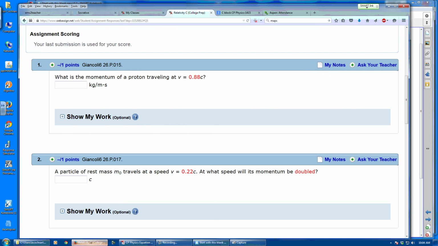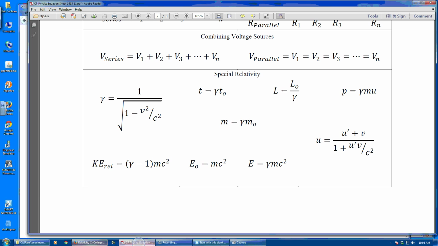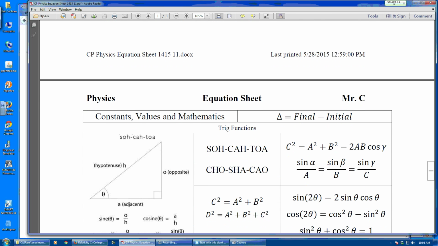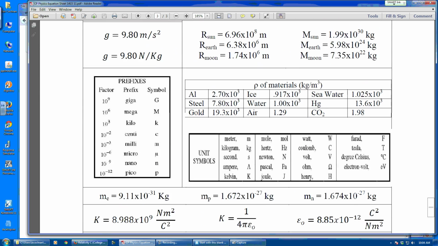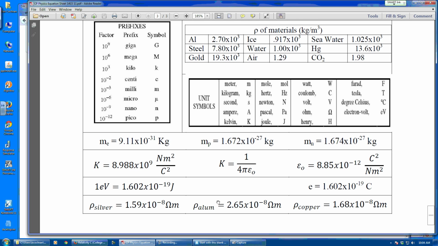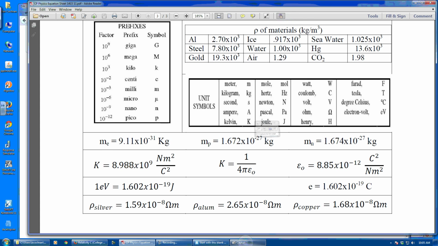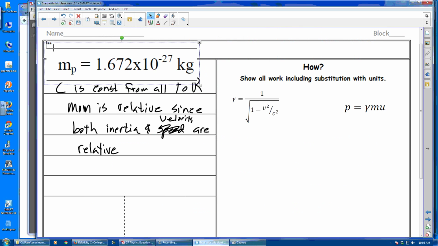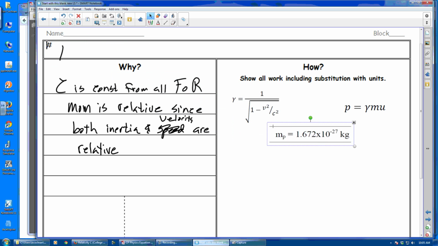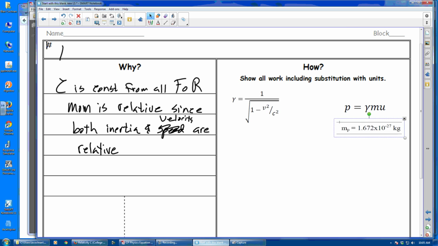Let's see, what type of object are we looking at here? Proton. So you could flip to your facts and constants sheet, and you could grab the mass of a proton. Right there. That's the amount of matter a proton has when it's at rest. It's right on the back of your rubric sheet.